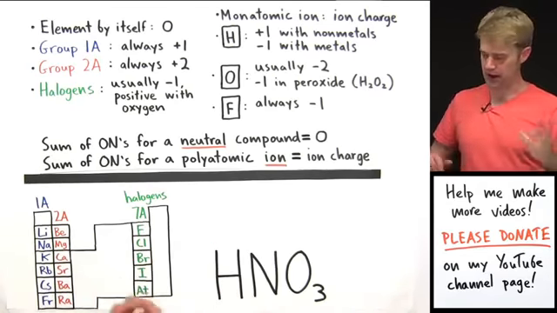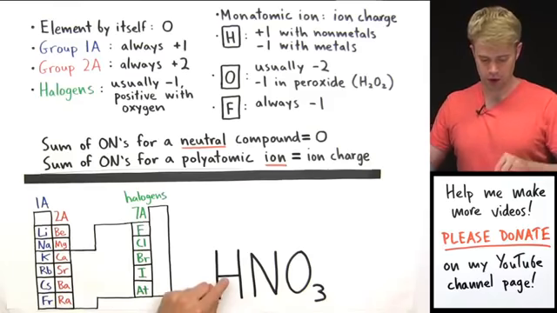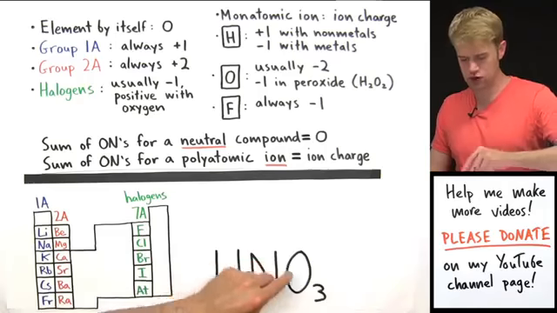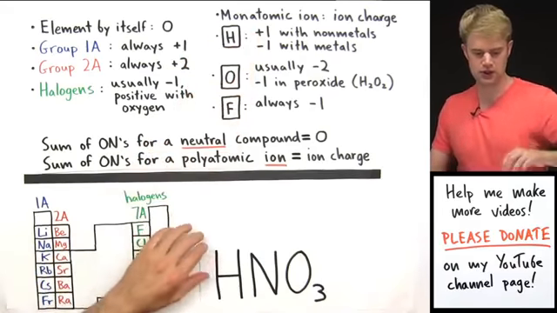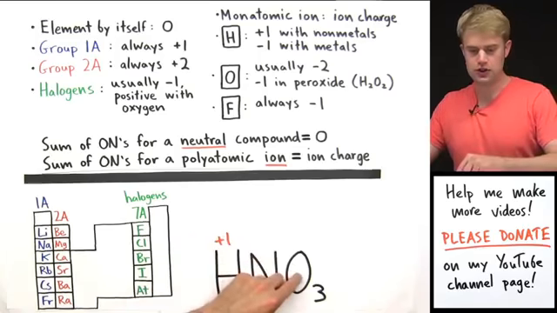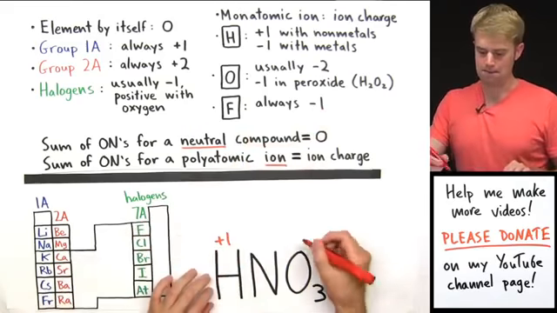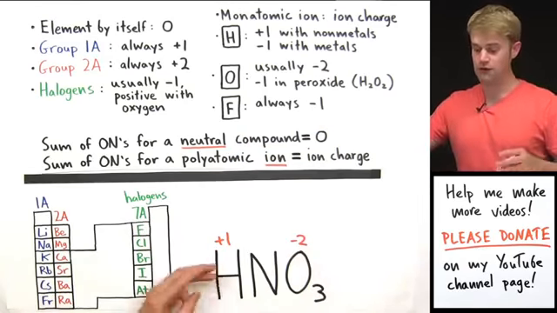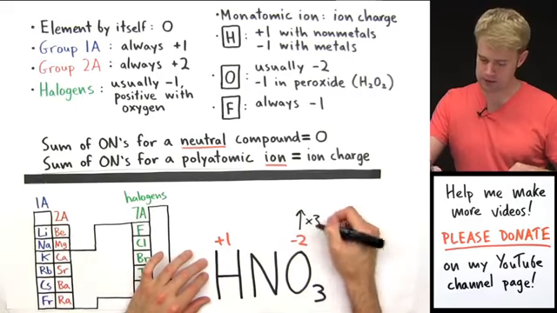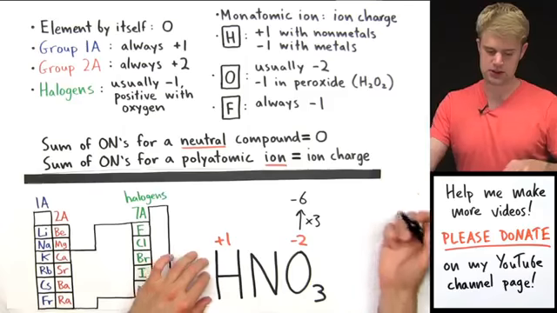HNO3. Okay, let's take a look at the rules. We got hydrogen. Hydrogen here is combined with nonmetals, nitrogen and oxygen, so that means that its oxidation number is going to be +1. Oxygen over here is going to be -2, but we have 3 oxygens, so we've got to take this -2 times 3 to get -6.